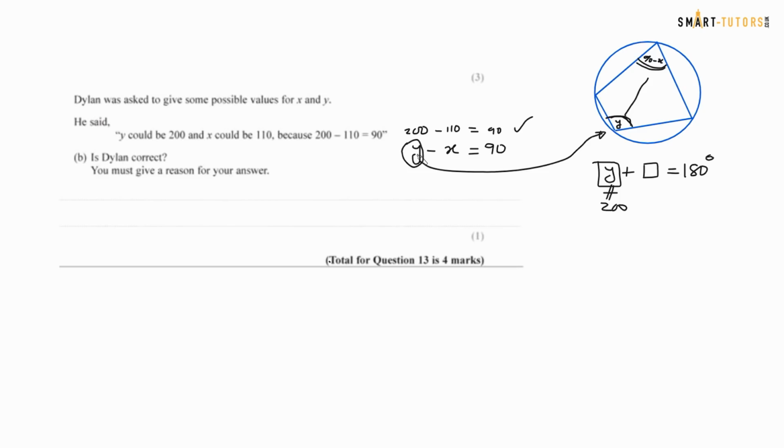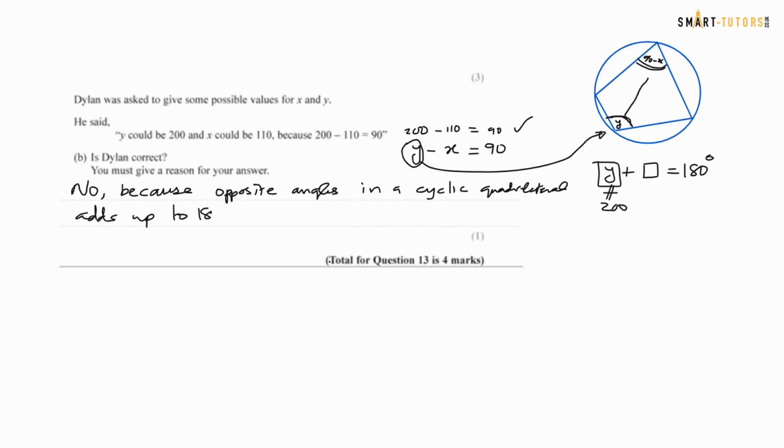Right? So y couldn't be 200. Dylan's suggestion is wrong. Is Dylan correct? No. Because opposite angles in a cyclic quadrilateral add up to 180.